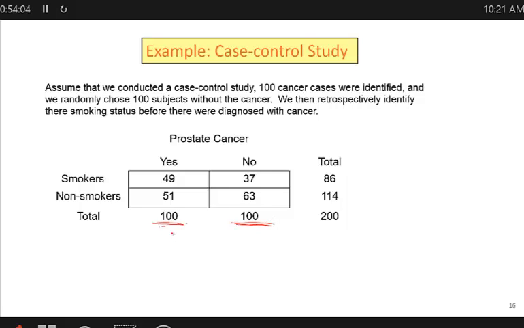If you do 100 and 200, a 1-to-2 ratio, because you have more budget and increase the number of controls, that doesn't mean the risk of having prostate cancer becomes 33%. So in a case control study, you can't compute risk anymore. Instead you compute odds. So let's talk about odds ratio.